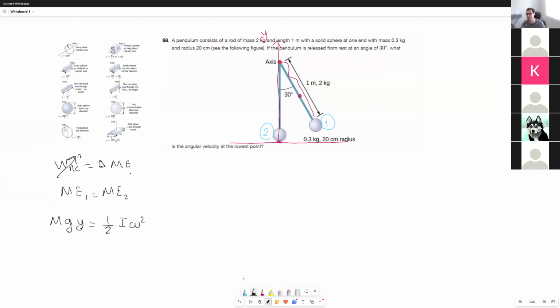And now Harsh, give some thinking about the y. What's going to be the height? The height of what should be considered? The height of the rod, the height of the sphere? The height of center of mass. y is going to be the height of center of mass.